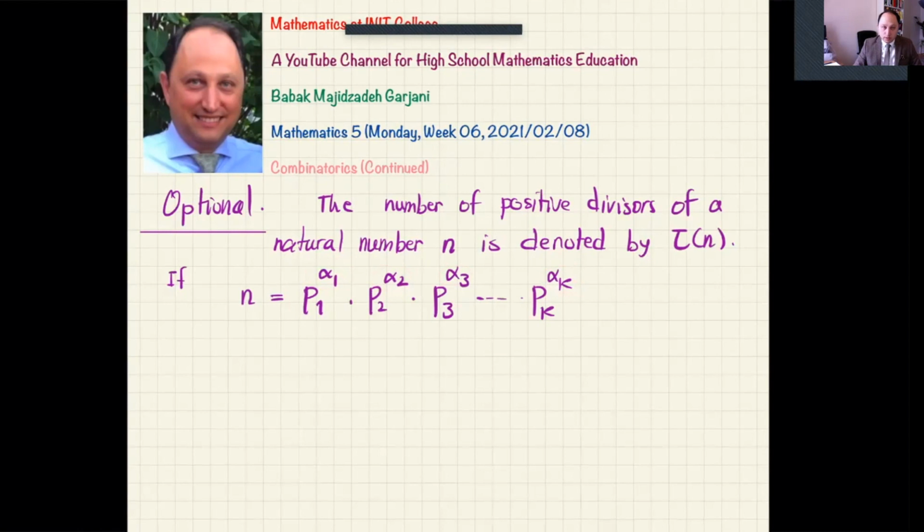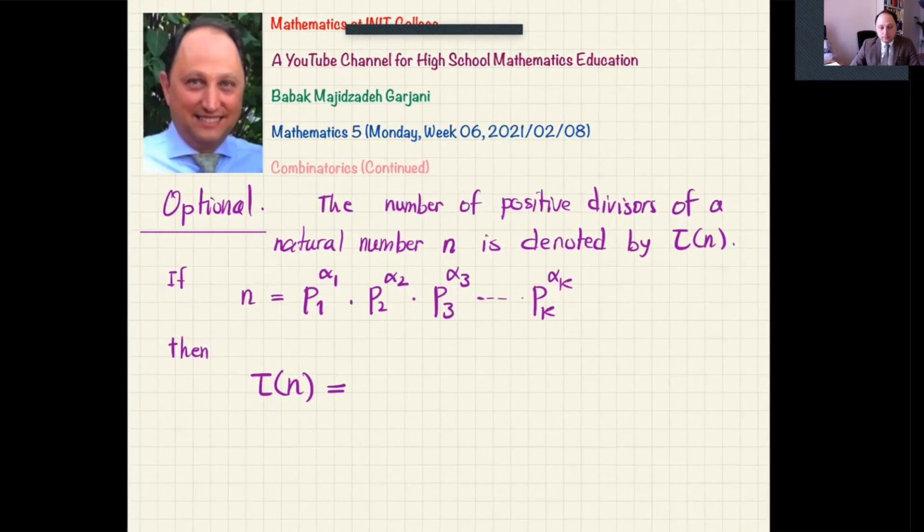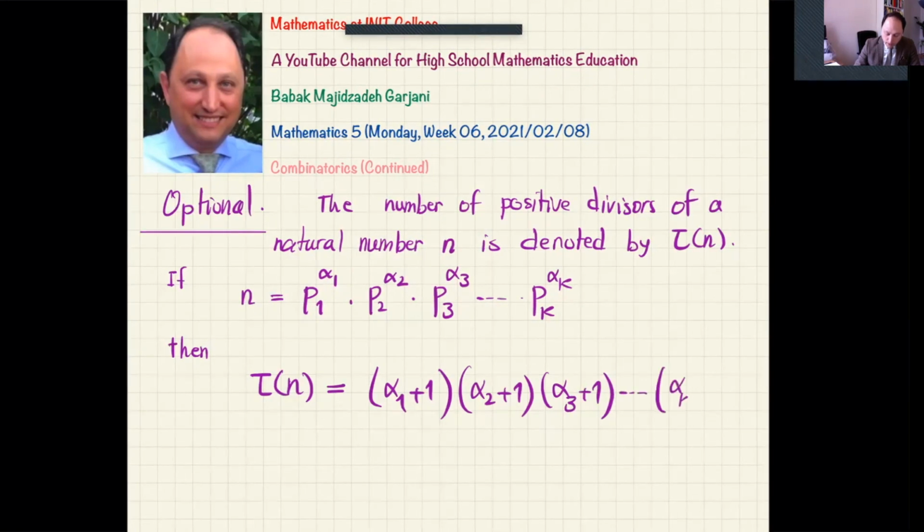If n is this, can you tell me the formula for tau of n? Exactly: alpha 1 plus 1 times alpha 2 plus 1 times alpha 3 plus 1 up to alpha k plus 1. So that is a nice formula.